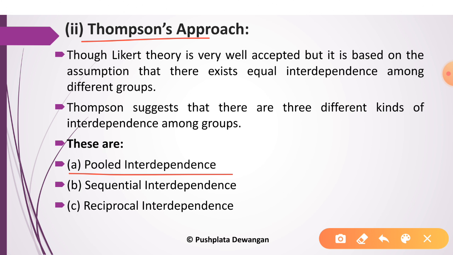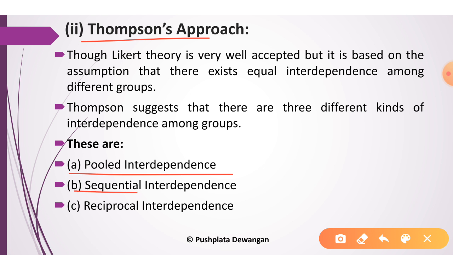Pooled interdependence occurs when groups rely on each other only because they belong to the same parent organization, and the success or failure of one may be reflected in another through the medium of the total organization system. Here pooled interdependence does not need any interaction between the groups, hence conflict does not arise, and coordination may however be forced through standardization and rules formulated by the parent office.